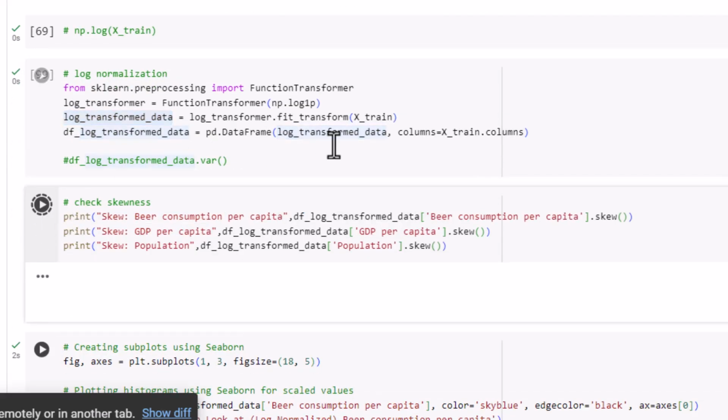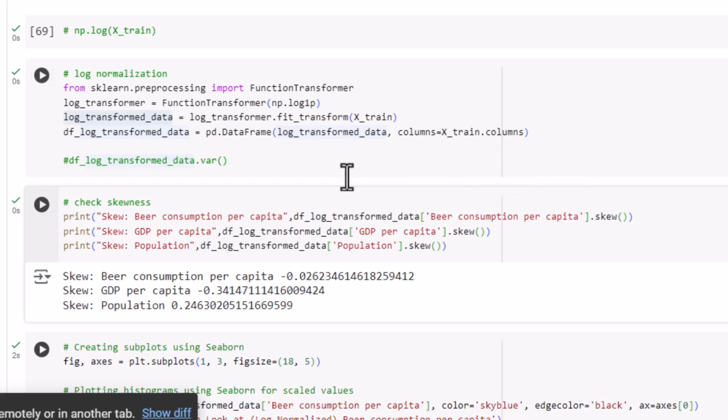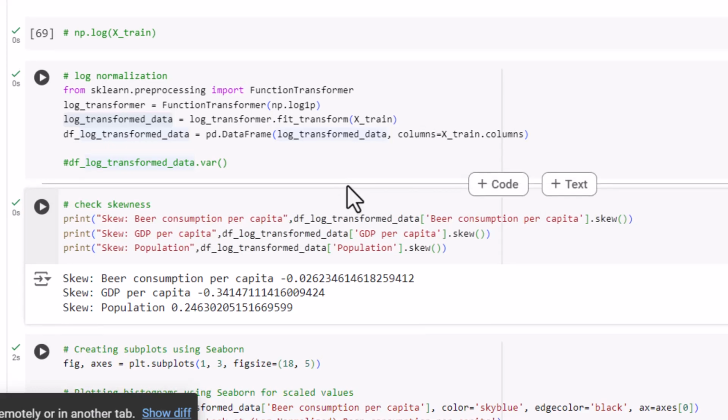And now if we check the skewness after this treatment is done, we can see a lot of improvement in the skewness of the data. Remember the old skewness, and now every skewness is within 0.5, which is a fairly symmetrical distribution.